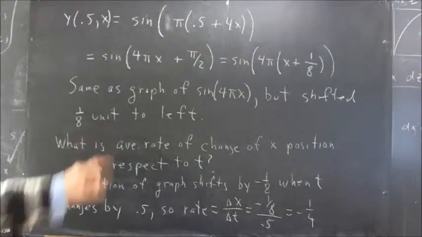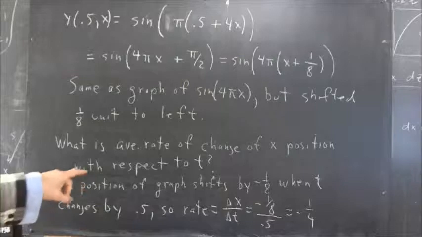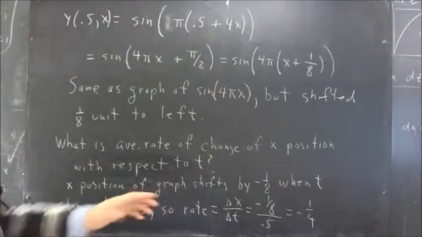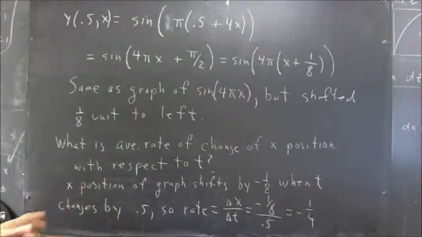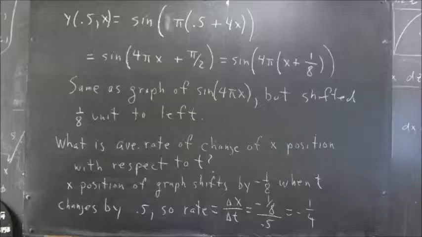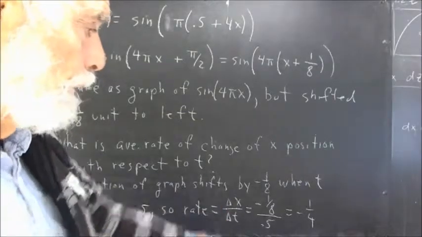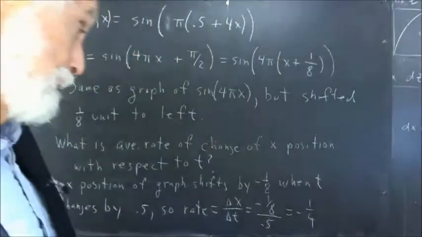Now I ask the question here, what's the average rate of change of the x position with respect to t, the x position of that sine function? Well, the x position of the graph shifts by -1/8 when t changes by 0.5, so that rate is delta x over delta t, -1/8 over 0.5, which is -1/4.